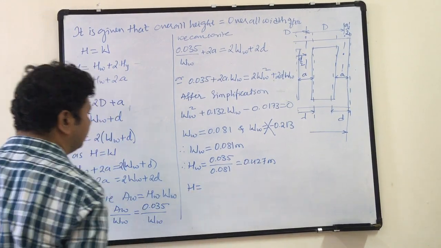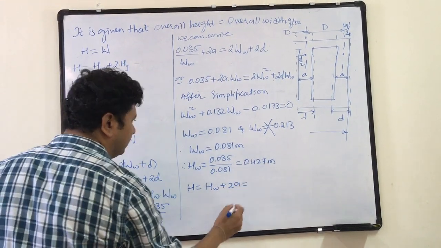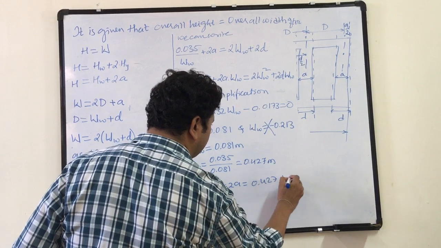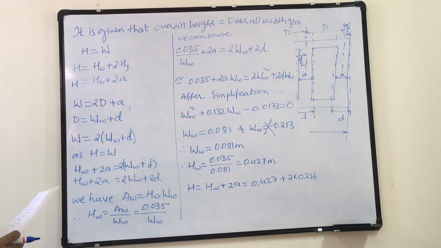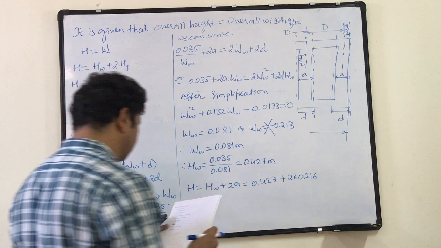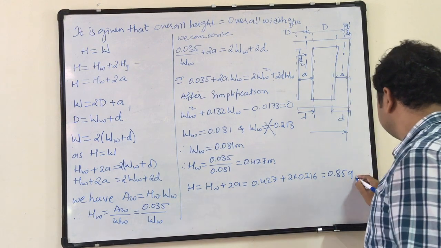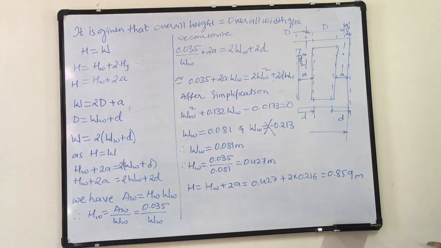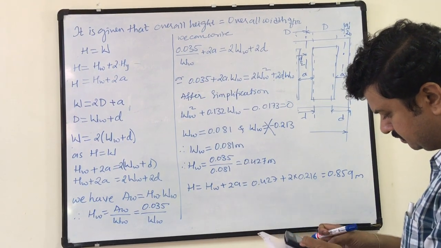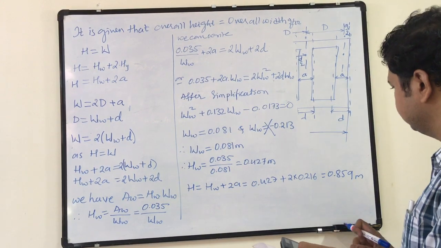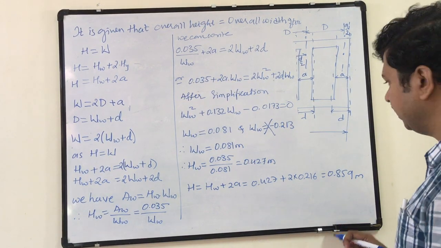H is equal to height of window plus 2A, that is 0.427 plus 2 into 0.216. It is 0.859 meters.